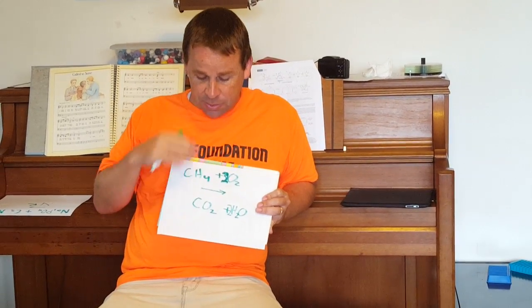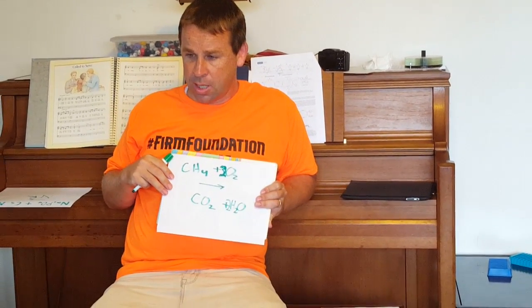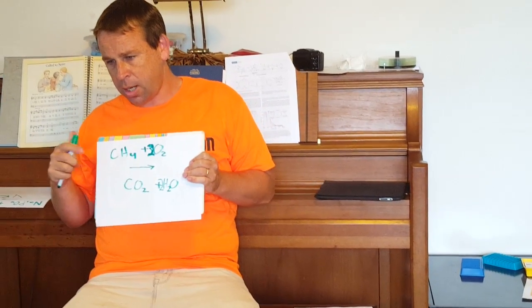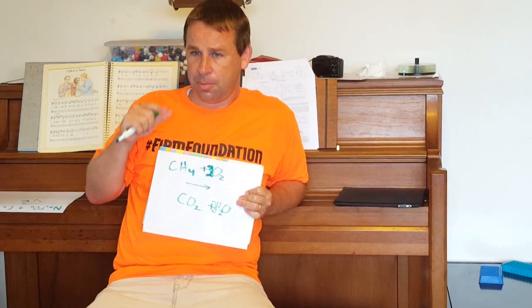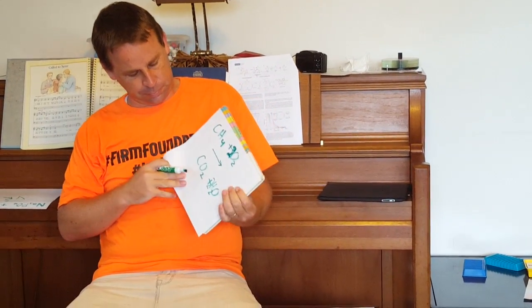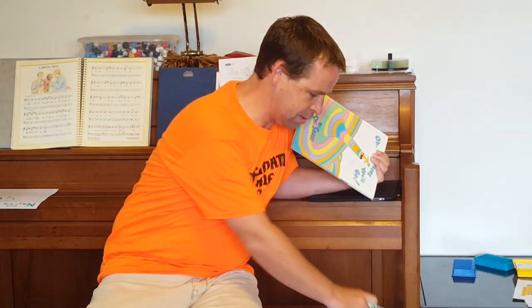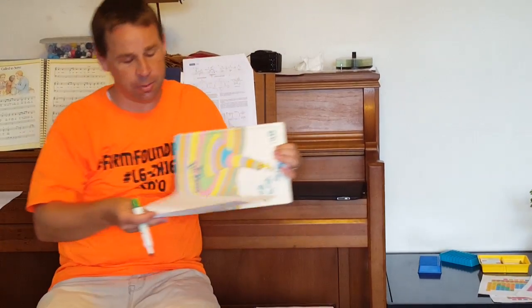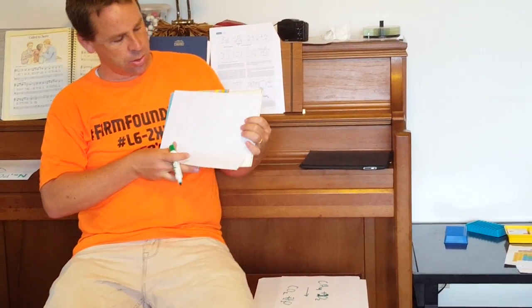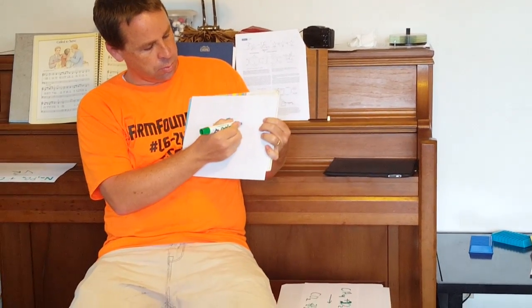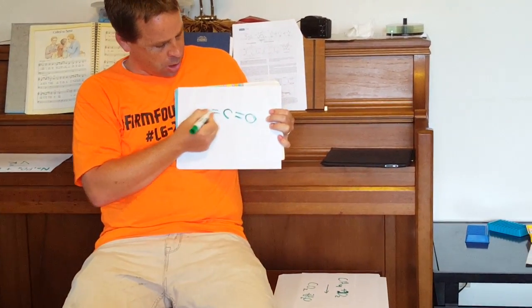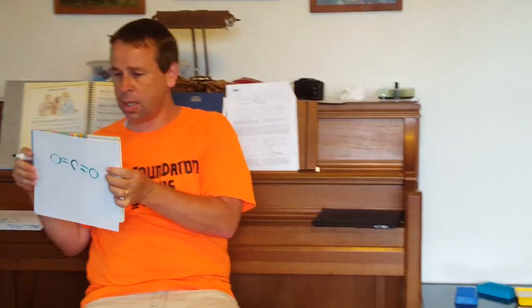Now, that was all a side question that we answered. It's an important thing to understand. So let's draw what these molecules look like. Carbon, double bonded to an oxygen, that's our carbon dioxide.